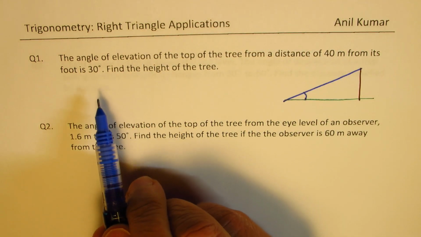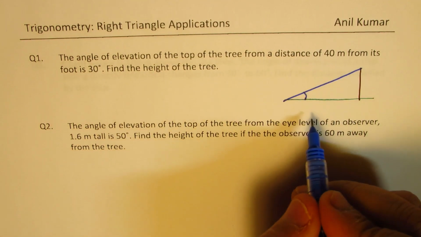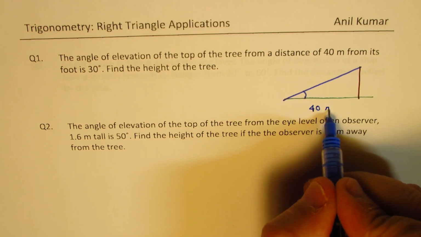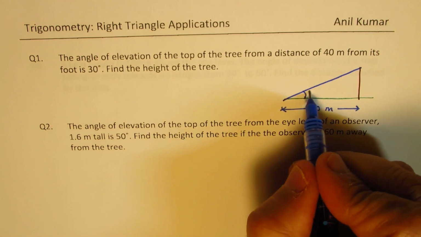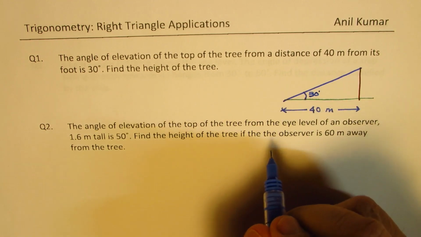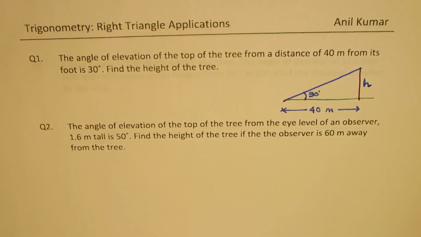So now what we are given, the angle of elevation to the top of the tree from a distance of 40 meters, so this is 40 meters. Is 30 degrees, so that is 30 degrees. Find the height of the tree, so let's say let it be height.